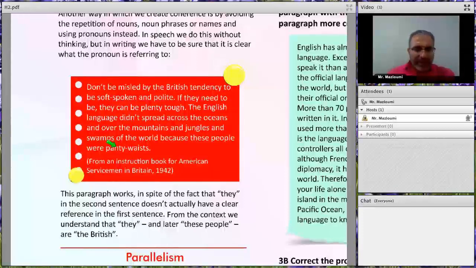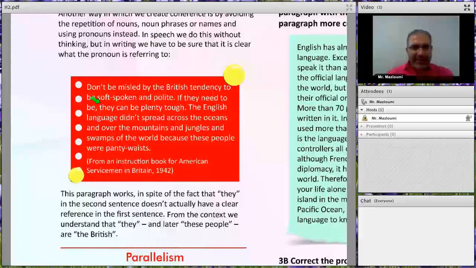Well, guys, here you see we have the British, then we have they. What else? We have these people here, or they again in line 3. You see, they refer to the same thing.